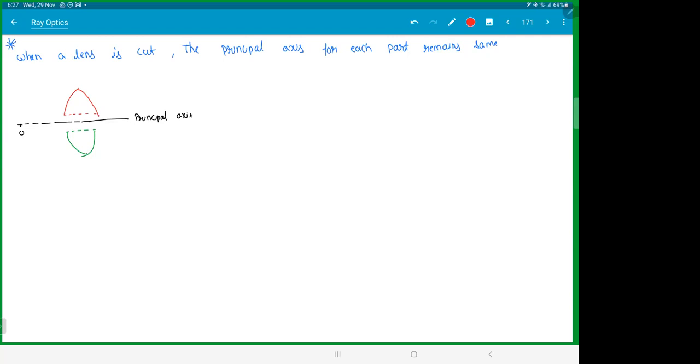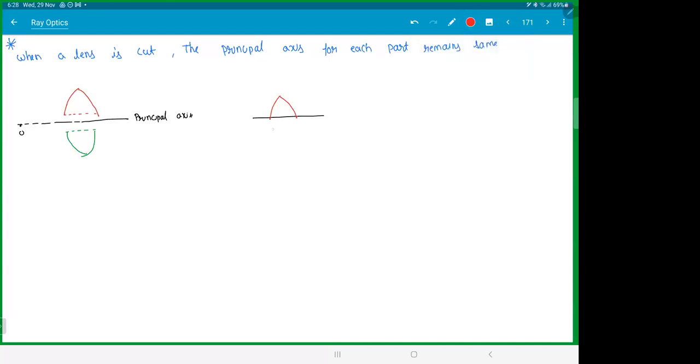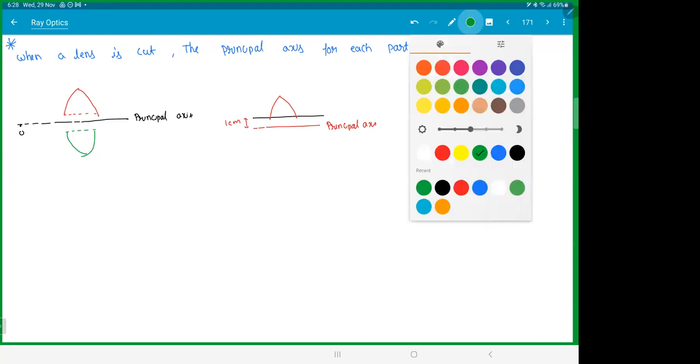So you're bringing, they're joining them, no? So this black line which is there, you brought it here, but remember, this red ka principal axis will be here. This is your principal axis now. And this green one, you made it touch the black line, the previous principal axis.